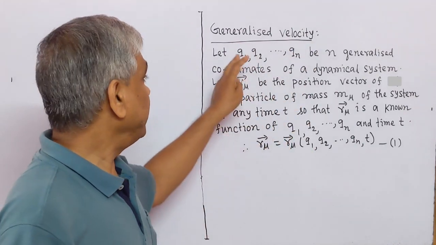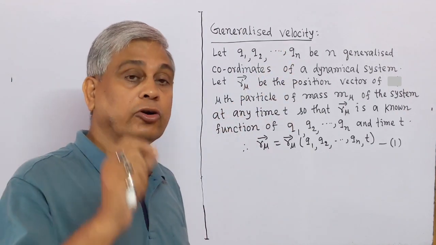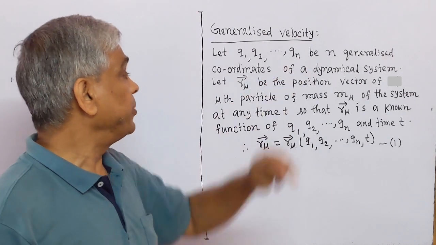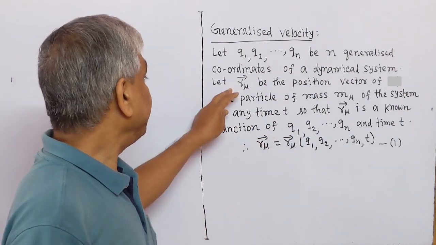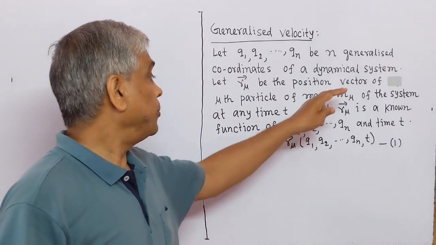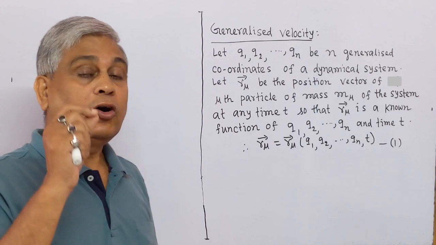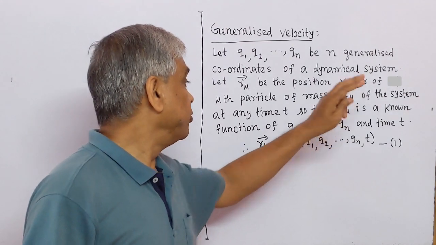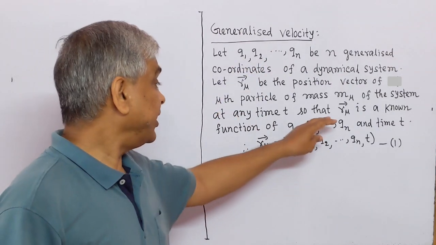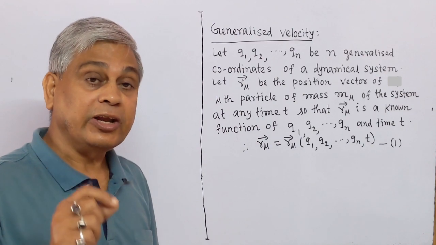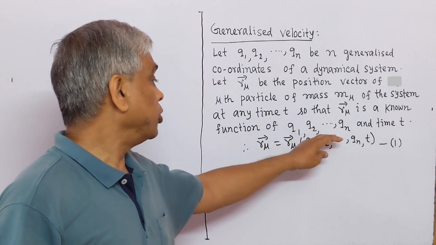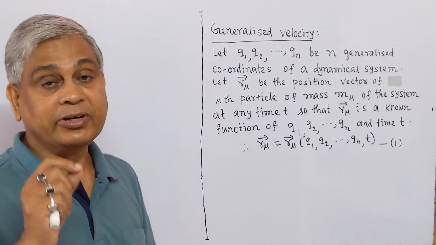Let q1, q2, q3, ..., qn be n generalized coordinates of a dynamical system. Let vector r mu be the position vector of the muth particle of mass m mu of the system at any time t, so that vector r mu is a known function of q1, q2, ..., qn and time t.